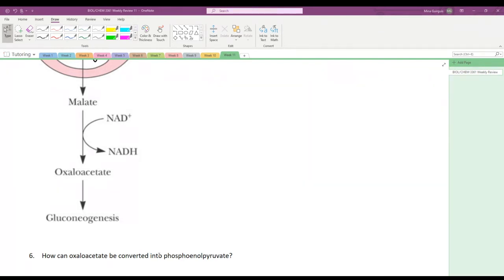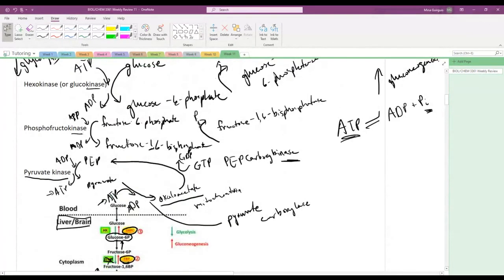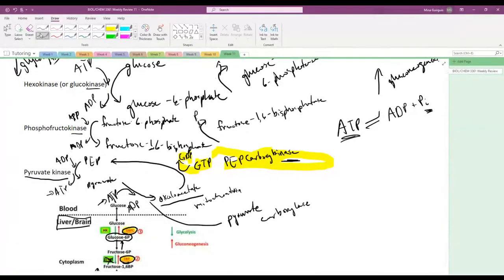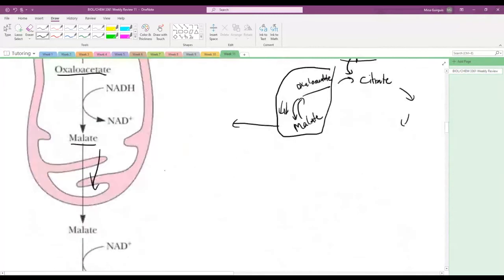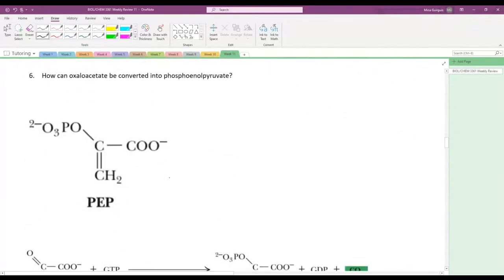Okay? So the important thing to keep in mind is, first and foremost, we're using energy here. If we look right here in this drawing, which I'm not sure how well you guys can see, but I'll highlight it, the PEP carboxykinase reaction uses GTP to GDP. So right off the bat, we need to recognize we're using energy. Okay? So let's look at this. This is PEP.